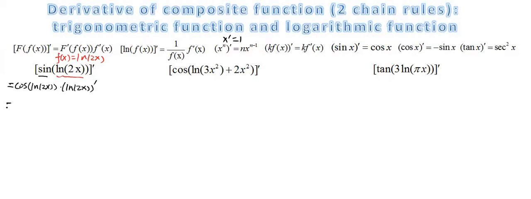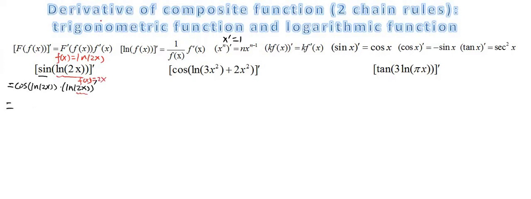Okay. Now, how to do the derivative of this guy? We're gonna apply the second formula. For the second formula, we need to figure out the f(x). So we can tell the f(x) is 2x.